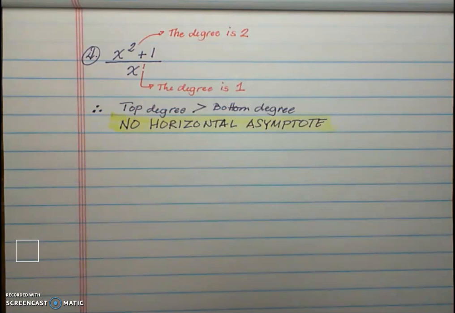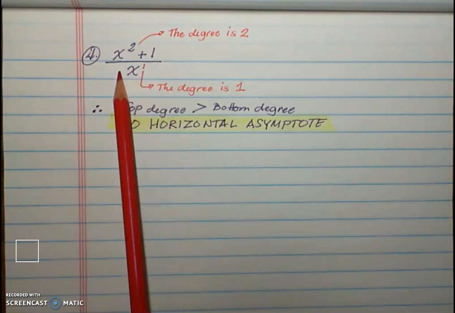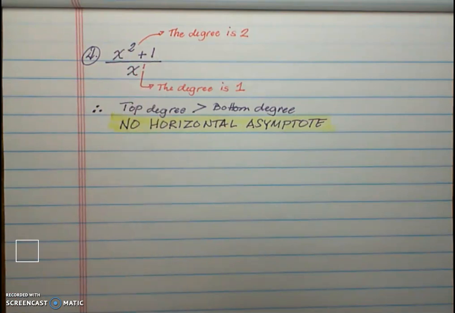Now let us look for the vertical asymptote. Before you do that, make sure that you factor out whatever you can. As you can see, this cannot be factored; these are both prime. So now we are just going to set the x in the denominator equal to 0.